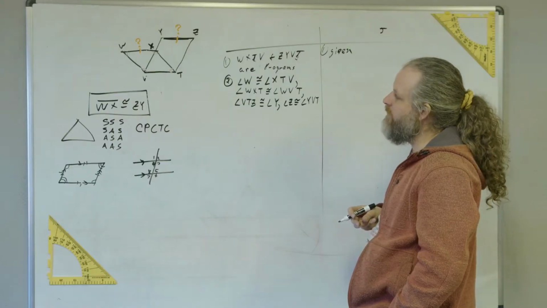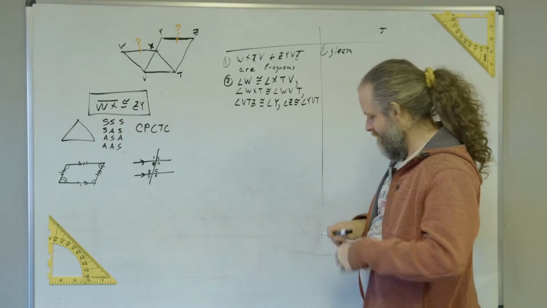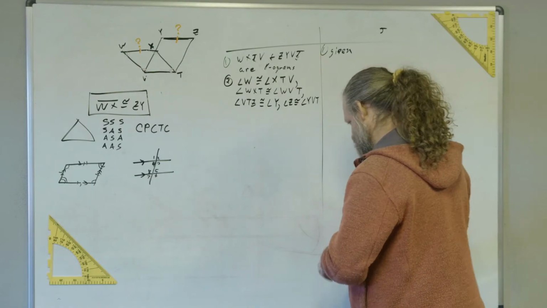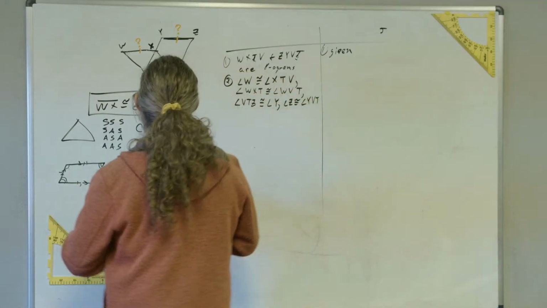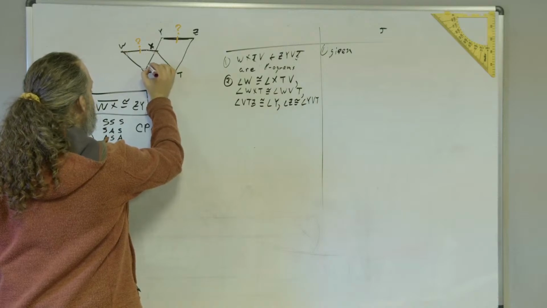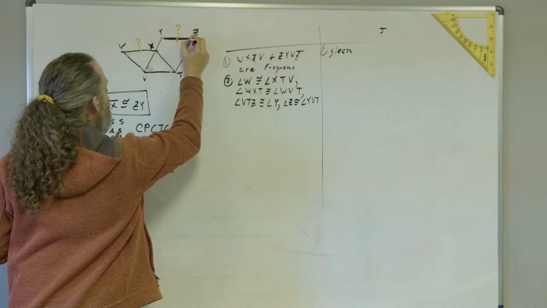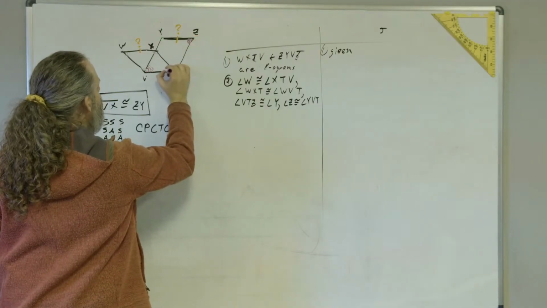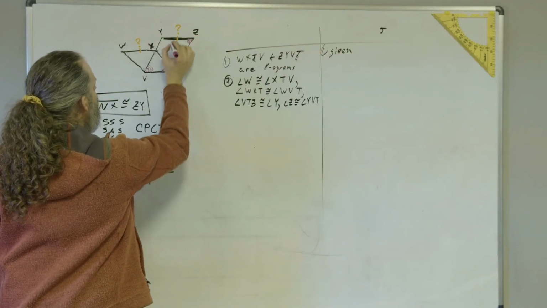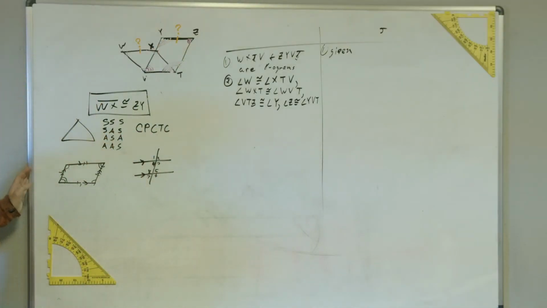I thought we had two that matched, but we don't. They don't actually fully share any of those. Sad. That's okay. Okay, so this one is congruent to this one, and this one is congruent to that one. Great.